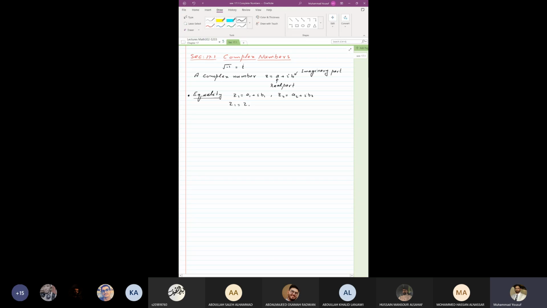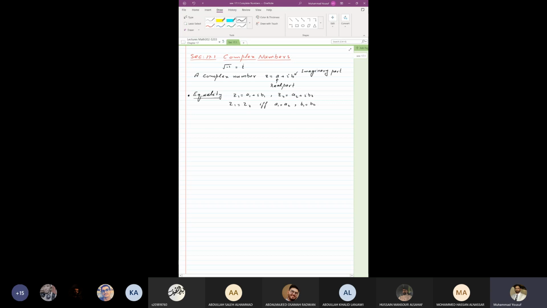Z1 equal to Z2 if and only if A1 and A2 are equal, and B1 and B2 are equal.